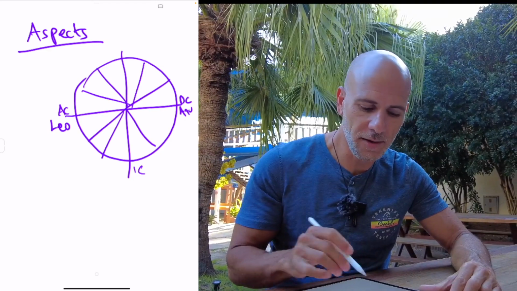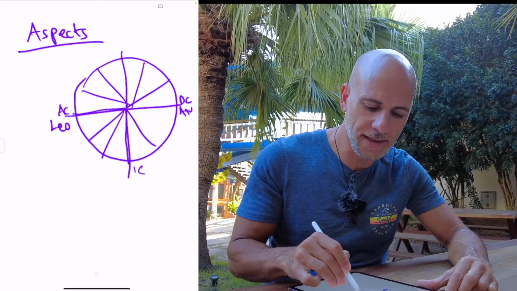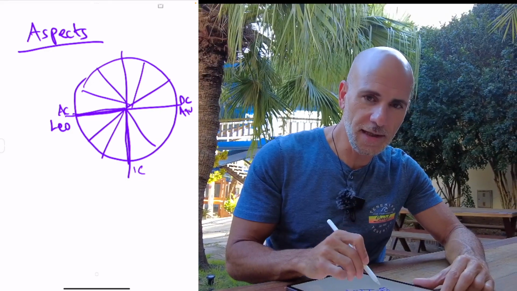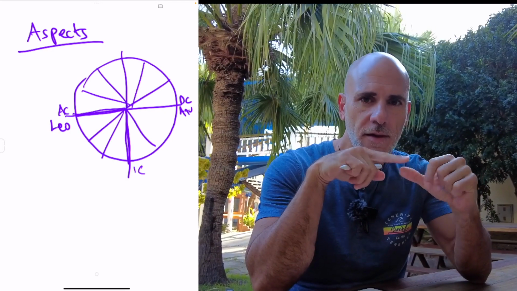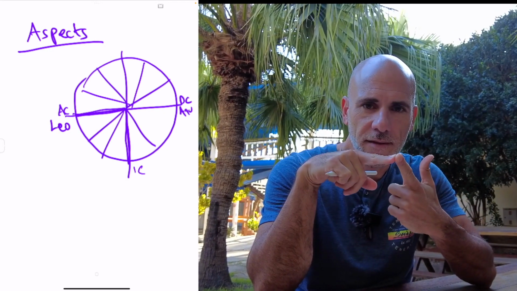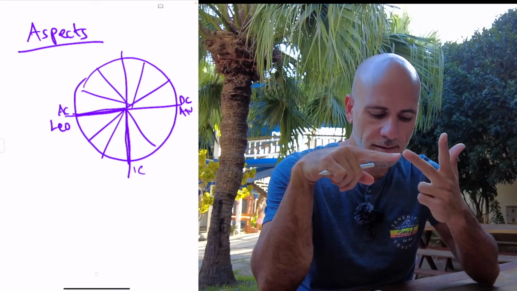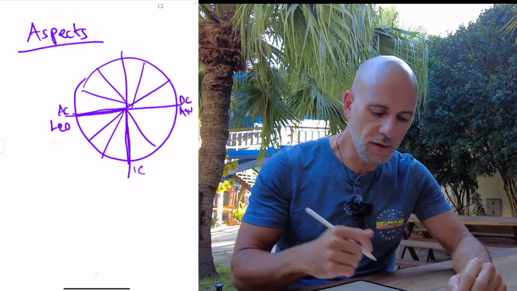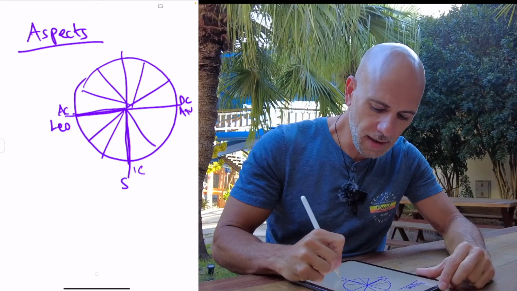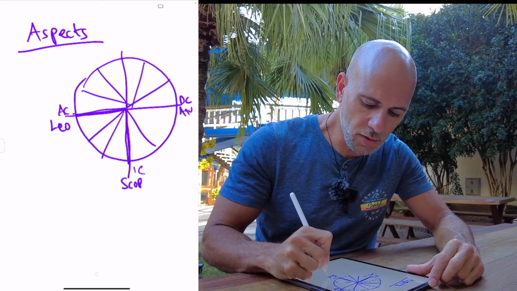Why 3? Because it's 90 degrees. So this is Leo. After Leo, we have Virgo. Then we have Libra. Then Scorpio. So 90 degrees from Leo is Scorpio.